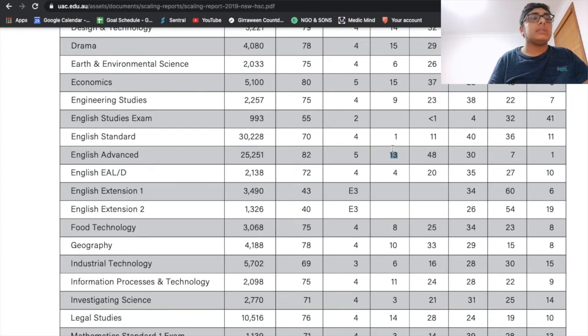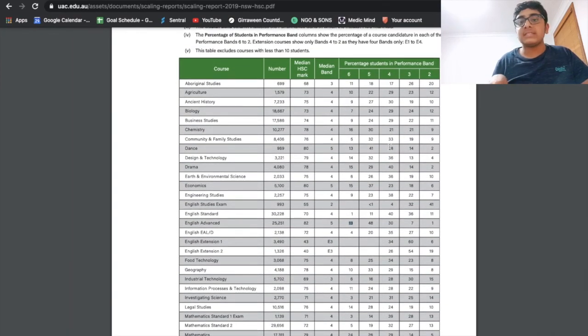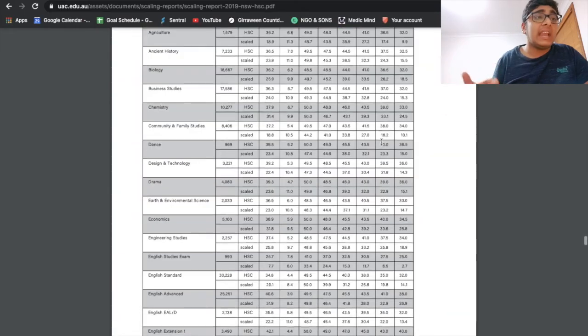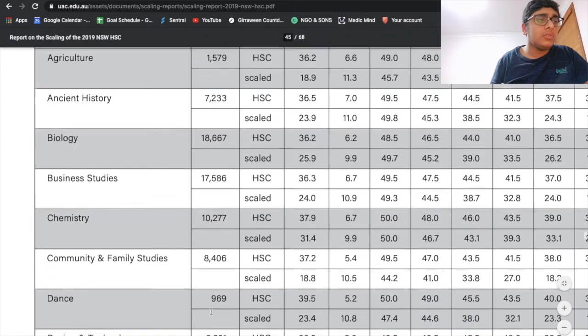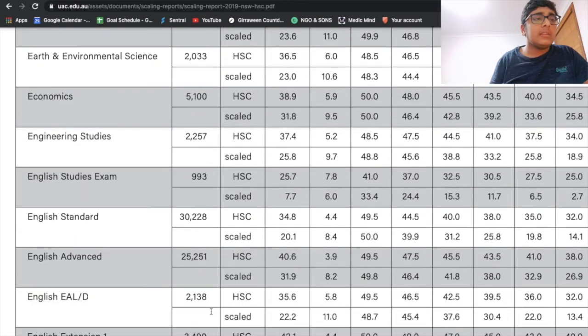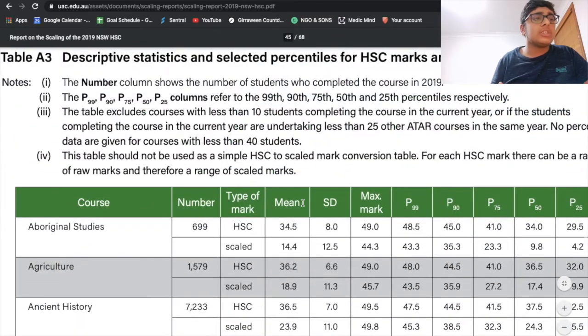The thing to take home is that you don't have to worry about scaling or adjustment. You don't have to worry about scaling for UAC right now. You only get penalized for scaling if you fall below the mean. For example, here you can see the mean is 34.8.